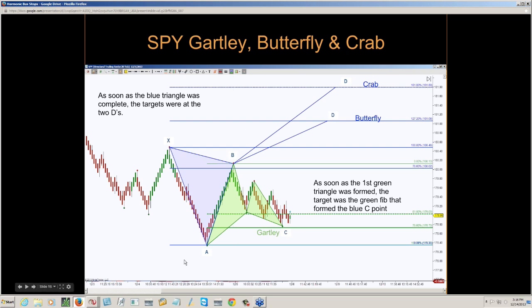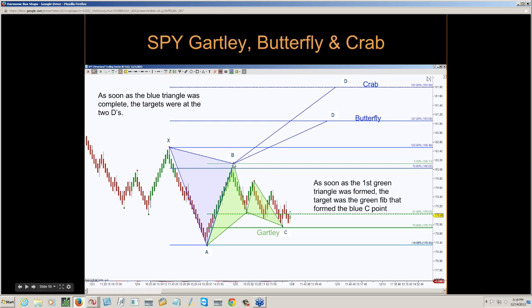Now here's the cool thing that I just love about harmonics. Smaller patterns will get their way in there to help the larger patterns play out. And in this case, this is from a real chart. I did not make this up. So in the next impulsive move to the upside and a retracement, it retraced 61.8%, the green dash line, and then it bounced, right?